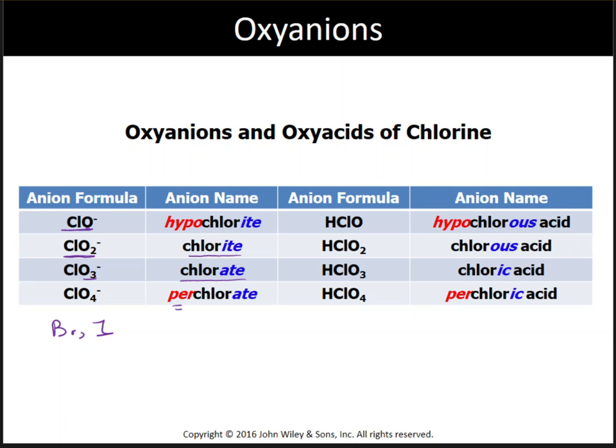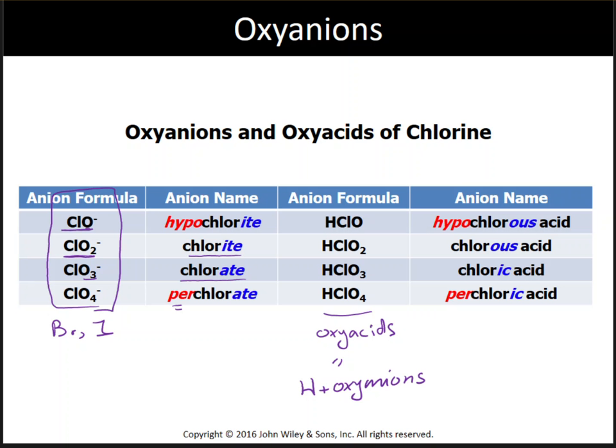Now these oxyanions are polyatomic ions that contain oxygen and they have a negative charge. If they combine with a hydrogen, they form oxyacids. So oxyacids are basically hydrogens plus oxyanions.